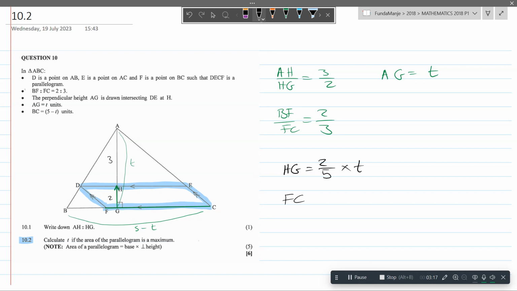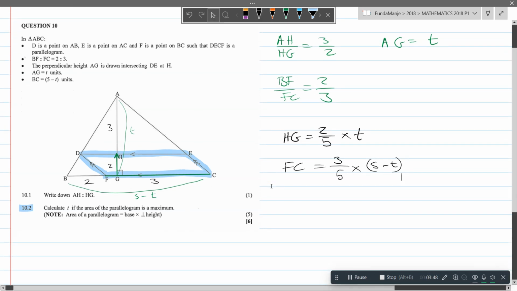If we want FC, we have to look at which parts of the total FC is taking. So FC will be taking, since it was in the ratio of 2:3, FC is taking 3 parts out of the total of the ratios, which is 5, multiplied by the total length of BC, which is actually 5 minus T, and we include our brackets like that.